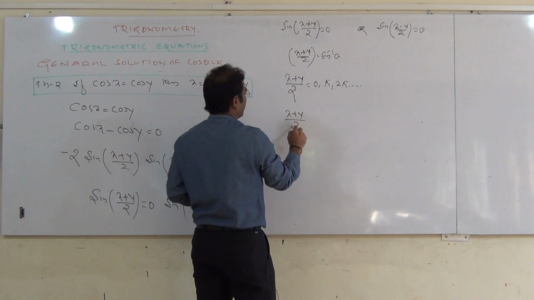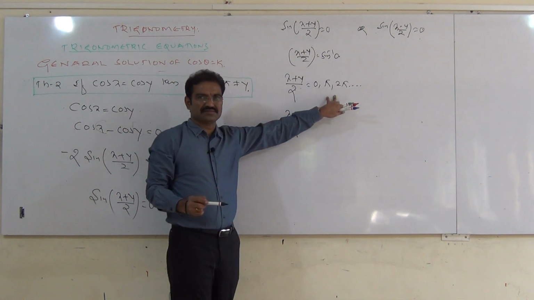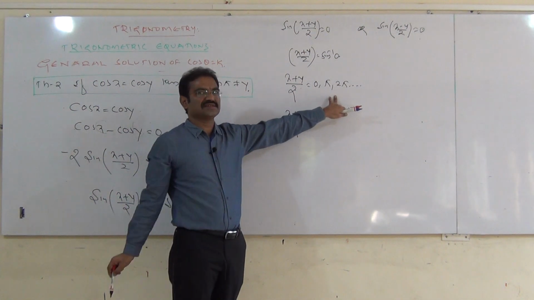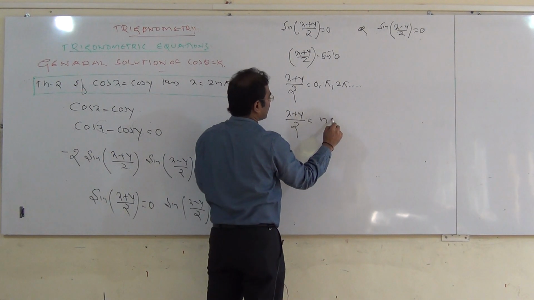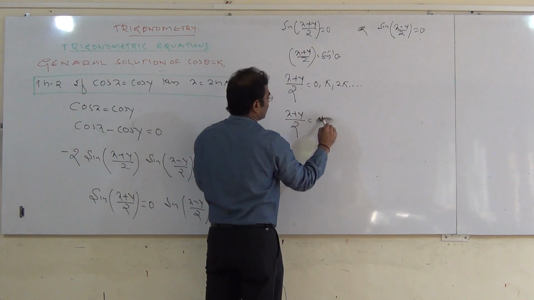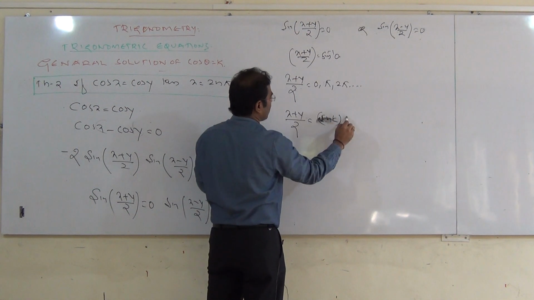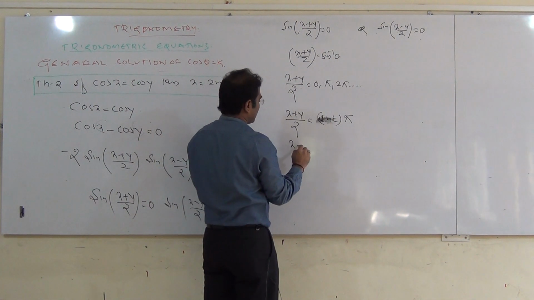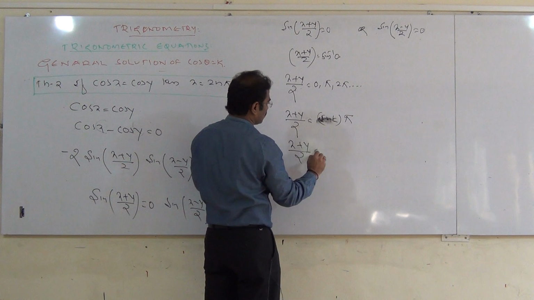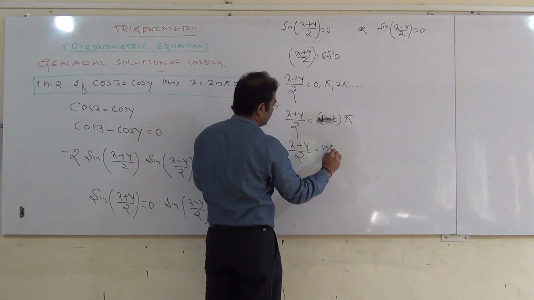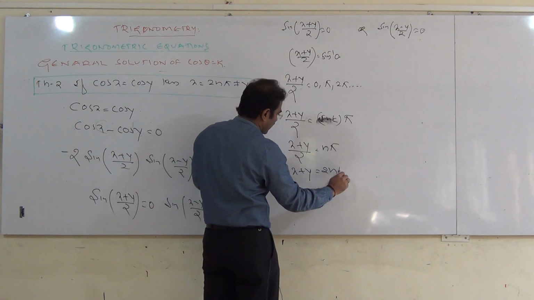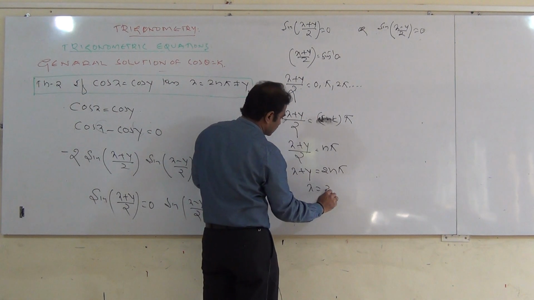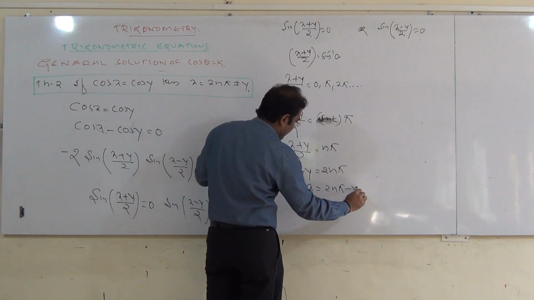X plus y by 2 is equal to, as we already did in the previous discussion, 0, pi, 2 pi, therefore an integral multiple of pi. Therefore x plus y by 2 is equal to n pi, or x plus y is equal to 2n pi, or x is equal to 2n pi minus y.